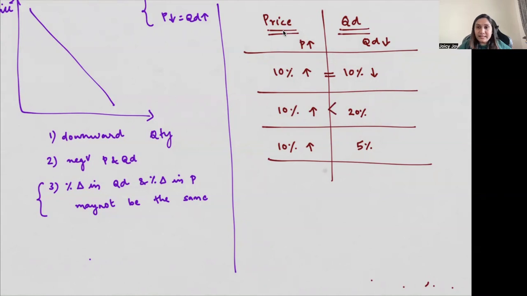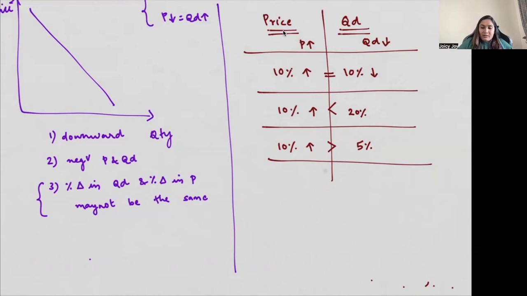Now, let's come to the third case where the price has increased by 10% and quantity demanded by 5%. Here the change in quantity demanded is less than proportionate, that is less than 10%. So here, the change in price is more than the change in quantity demanded. These are the three cases.